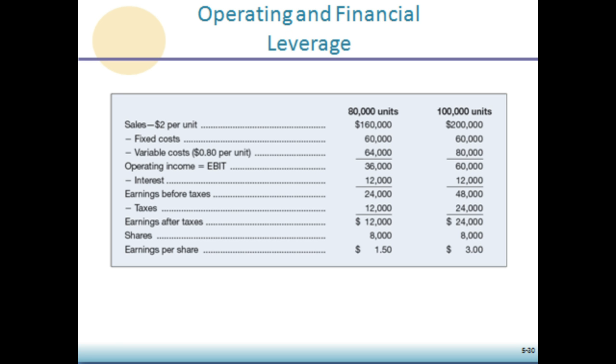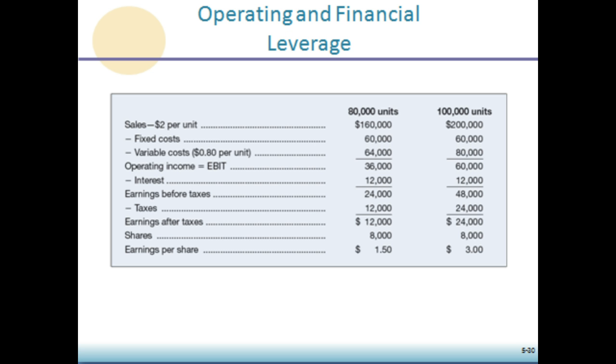Here we have a slide of operating and financial leverage for your review. The degree of combined leverage, DCL, is a measure of the effect on net income as a result of a change in sales.